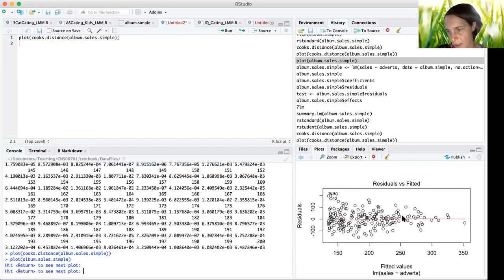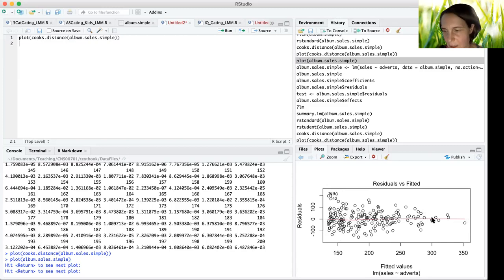They should spread evenly around this horizontal line. What we can see here is a little bit concerning, because for lower fitted values the spread is larger, and as we go towards larger values there's a little bit less spread.